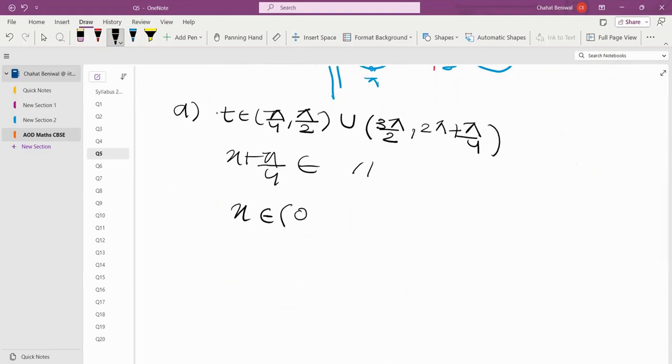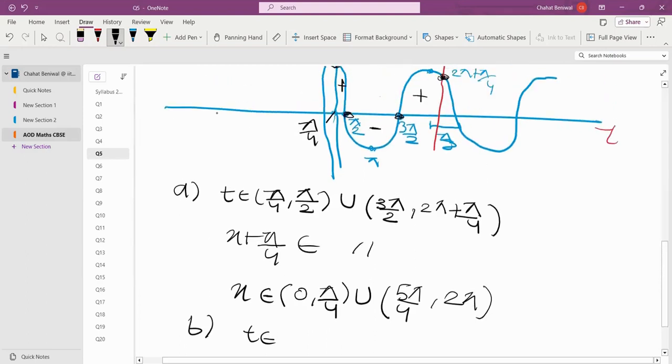So it is going to be 0 to pi by 4, union 3 pi by 2 minus pi by 4, so 5 pi by 4, to 2 pi. So this is the answer of the A part, and similarly, we'll see where f dash x is decreasing.